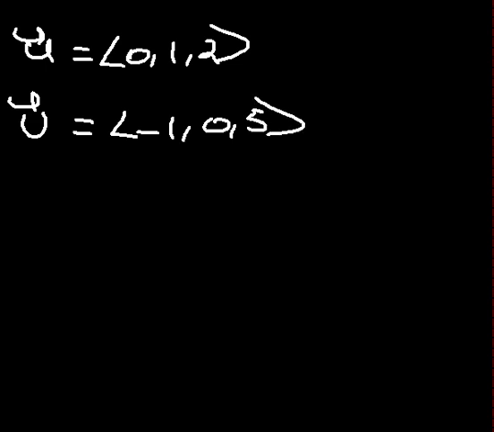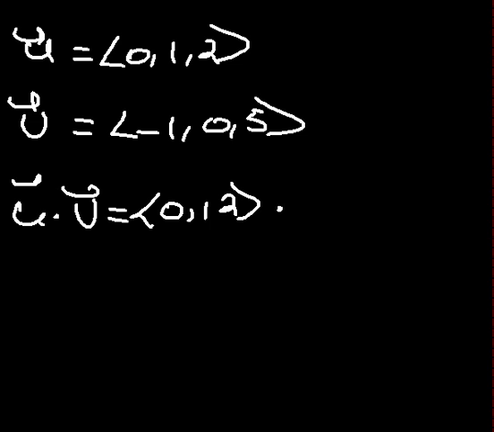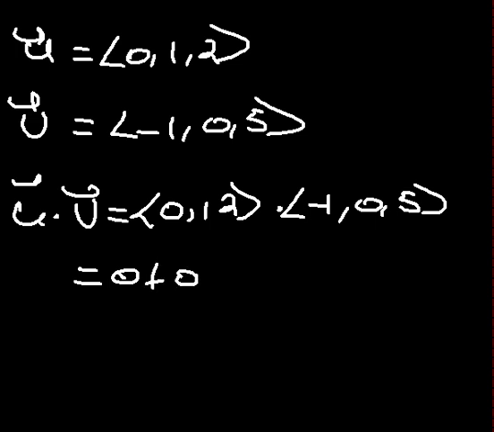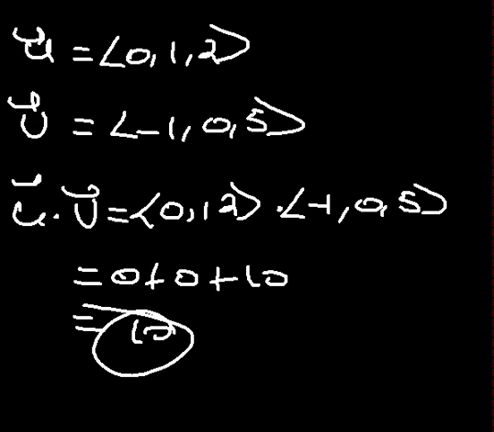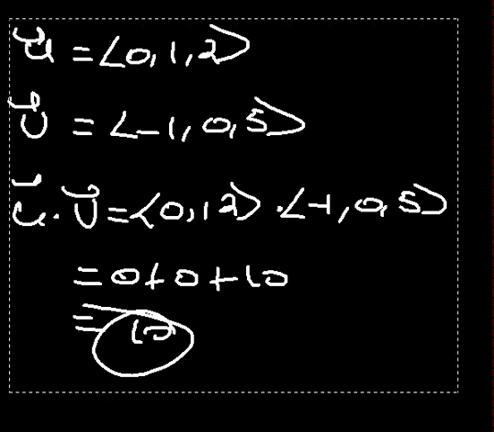What is the dot product of the two vectors? The principle remains the same. We have 0, 1, 2 dot negative 1, 0, 5. That is 0 times negative 1, which is 0, plus 1 times 0, which is 0, plus 2 times 5, which is 10, equal to 10. So that's the dot product of the vectors. You should know that.